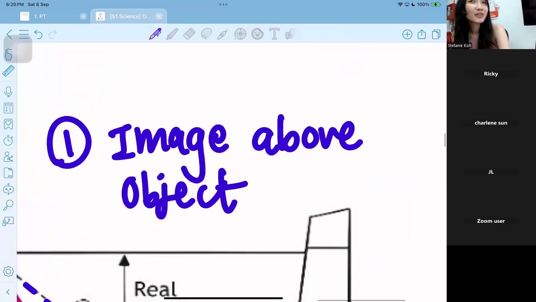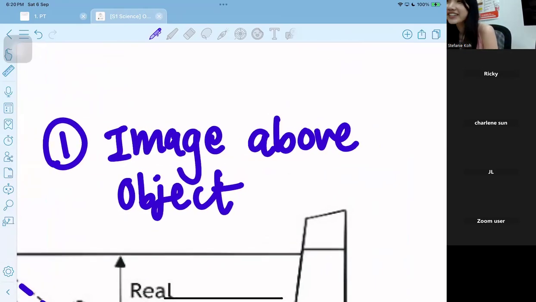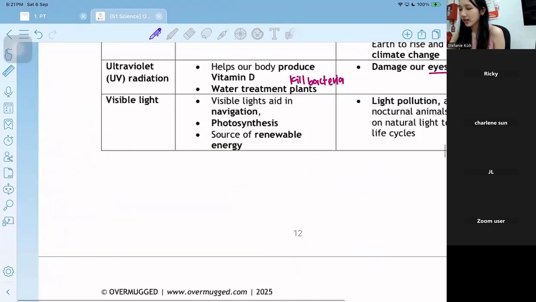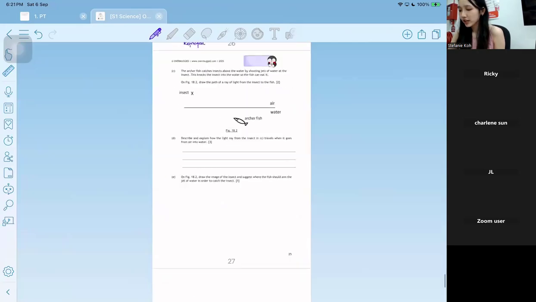You see this? Hello? People? If your image is on the side, your whole diagram is wrong already. It has to be above the object. No matter in water or in air, as long as it's a refraction question, your image will always be above. So you go back to that archer fish, right?